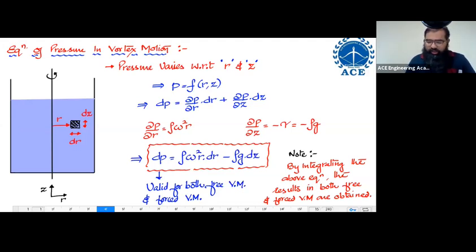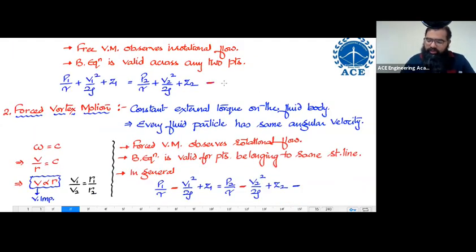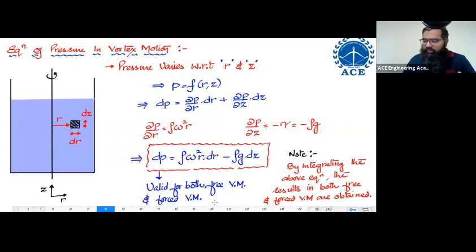Which results am I talking about? This particular result and this particular result. These two results come by virtue of this equation. If you want to find that out, you can take it as homework: integrate this equation and produce both those equations.